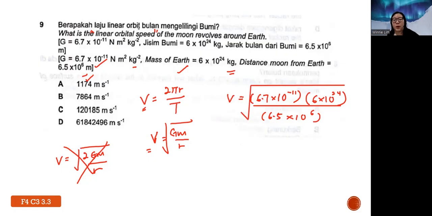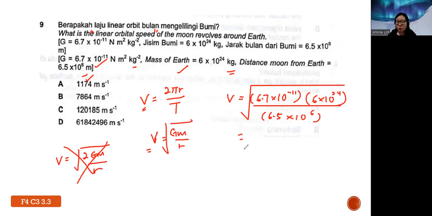Then the next step is the way you press your calculator. I always advise students, let's say your calculator does not have the fraction form, so you cannot sub everything exactly like this. You always solve what is on top, then what is below, become a number first. Then only you sub into the calculator one more time.